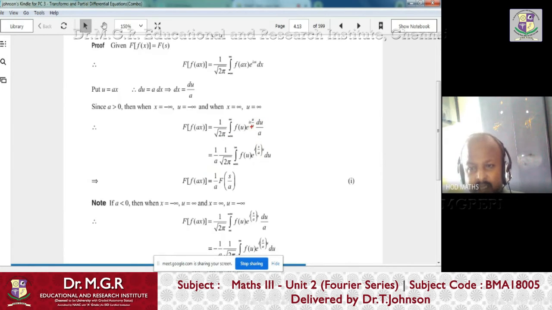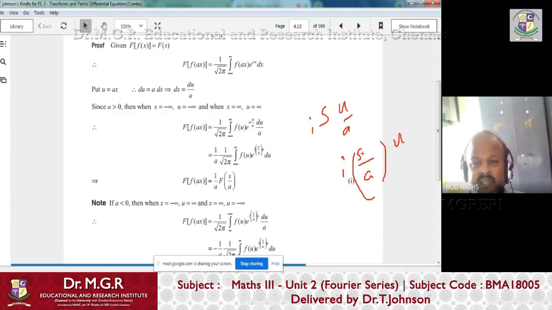Instead of writing i s u/a, I am writing i times s/a times u, but still s is in the numerator and a in the denominator. Now this also looks like the definition of the Fourier transform, but in place of s, now s/a is there. This is the definition of the Fourier transform, e power i s x, so here e power i (s/a) u du.